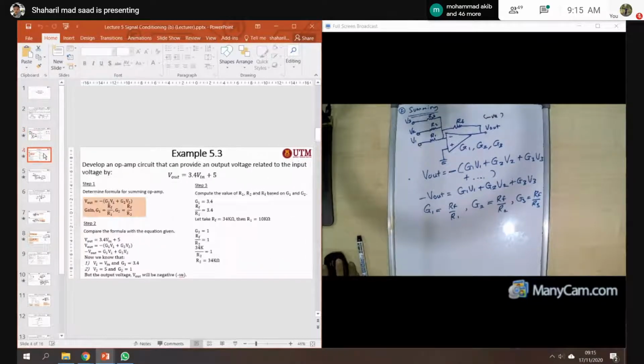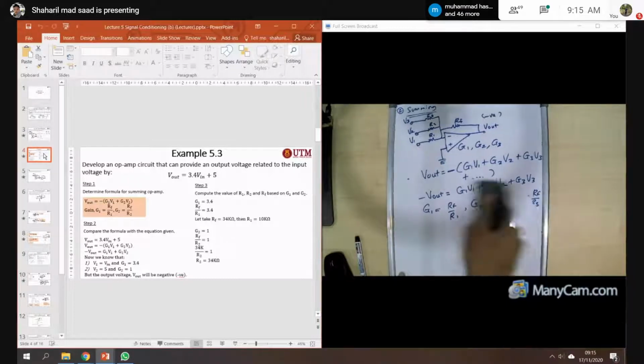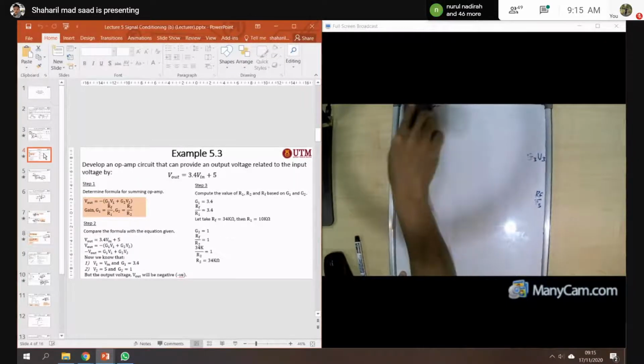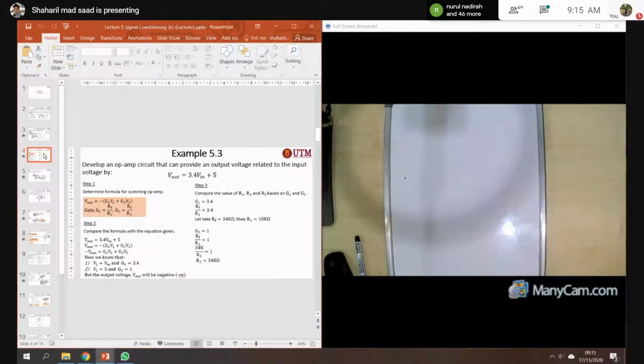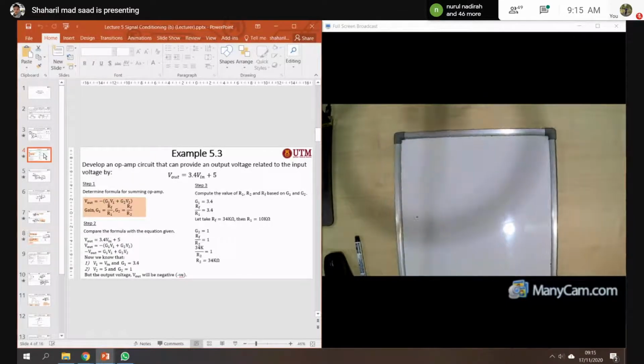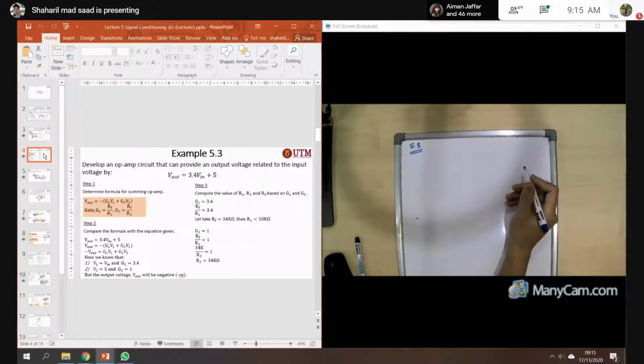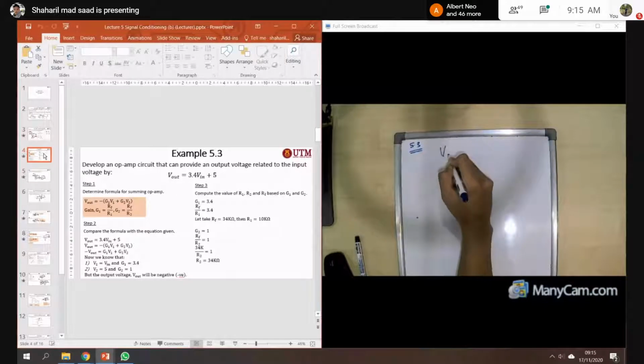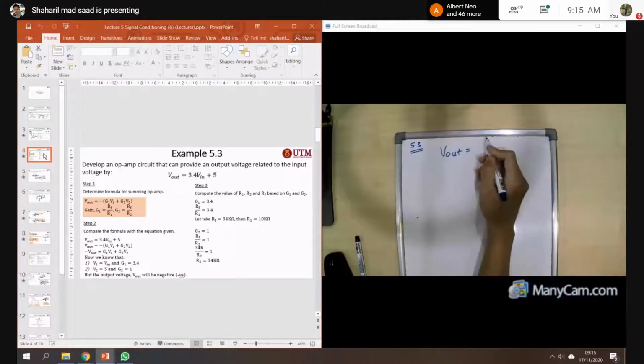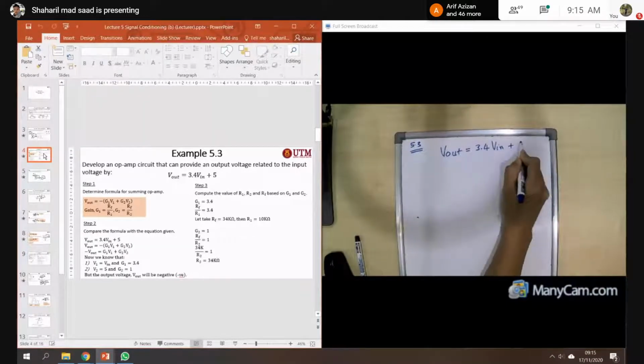Okay, so let's go to example 5.3. Develop an op-amp circuit that can provide an output voltage related to the input voltage by V out equals 3.4 V in plus 5.